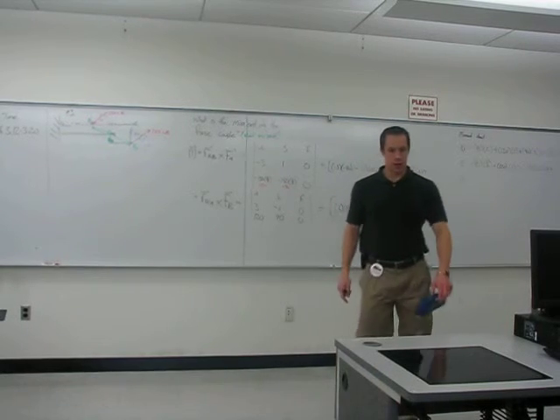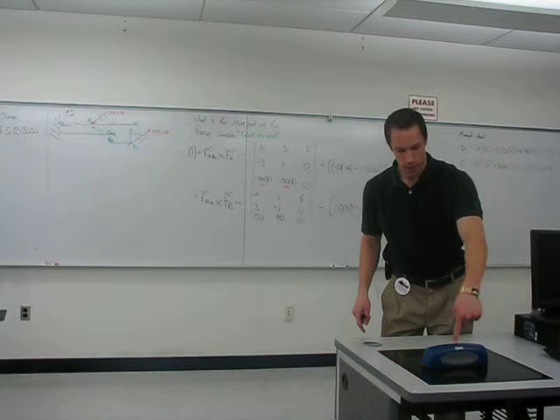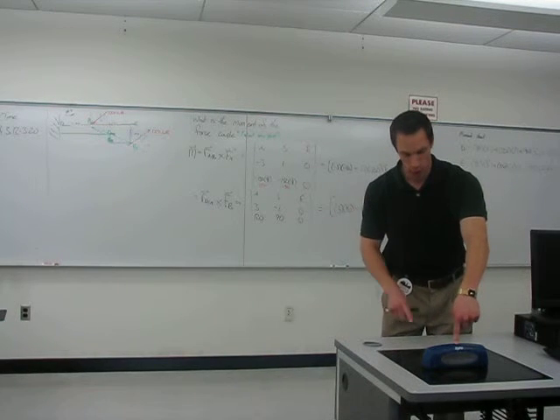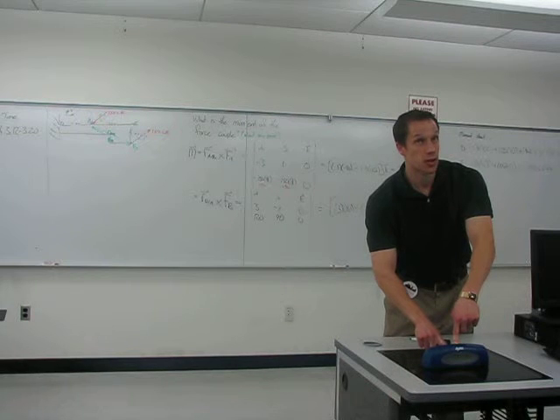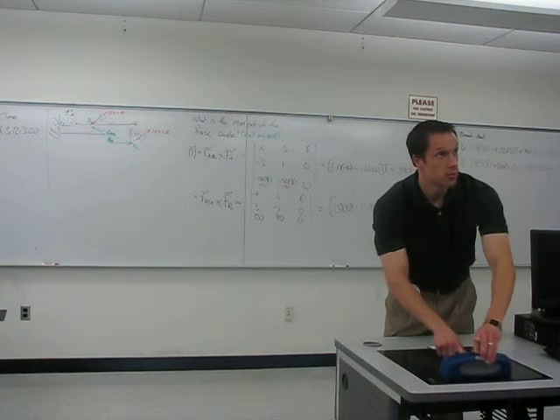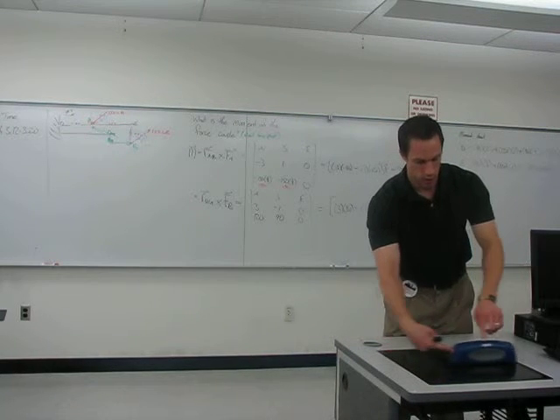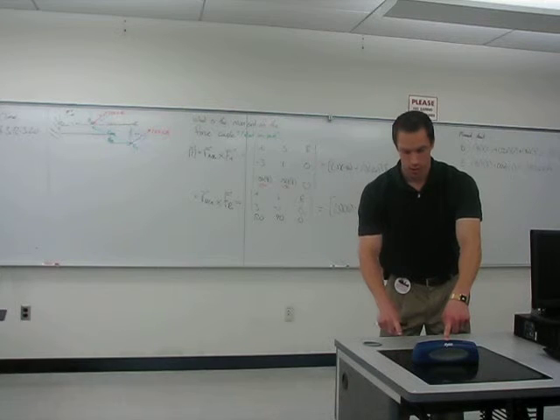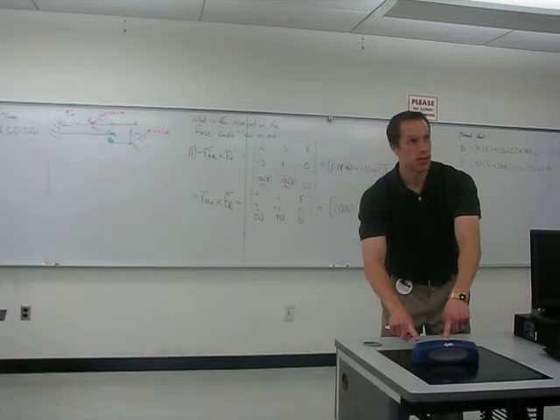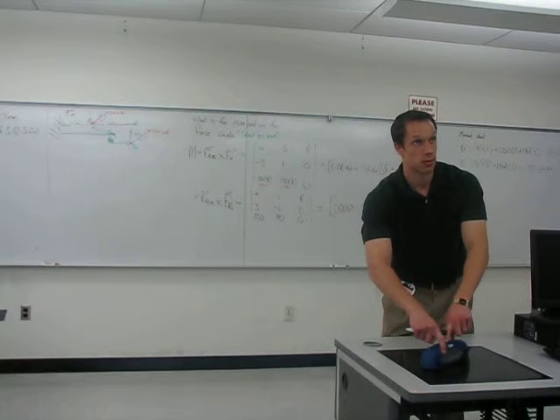If this is my rigid body, and my point, let's say my point A is here, and I have a force that has a line of action that goes through that point, it won't generate any rotation. It might generate translation, okay? So if I push here, it goes towards you. If I push here, it translates towards the door. It's only when I get some distance between the point and my force that I get rotation, okay?